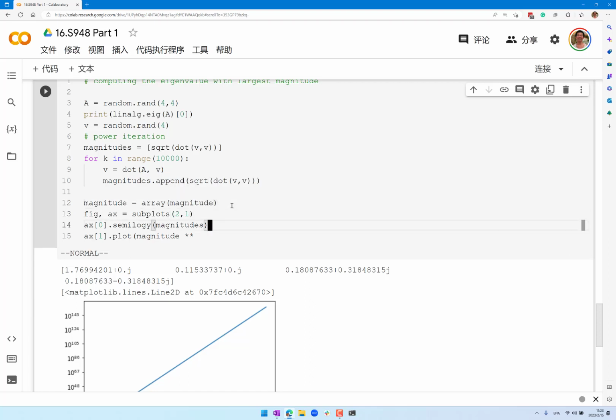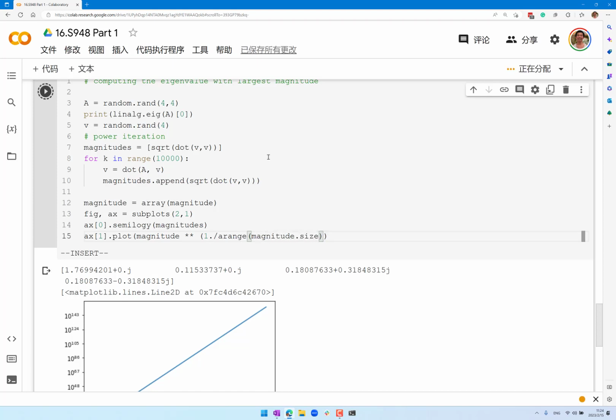Then I can take it to the power of 1 divided by k. Actually, it's plus 1, so let me just use the range of magnitude dot size.